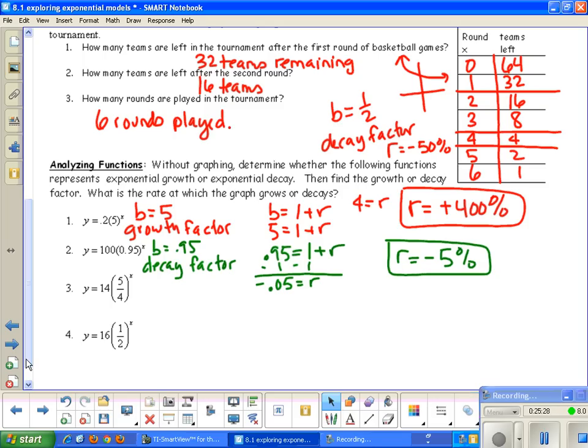So then for number 3, 5/4, if you don't know, write it as a decimal. This is a b value equal to 1.25. Because it's above 1, we know this is a growth factor. So just because you have a fraction doesn't mean it's exponential decay.